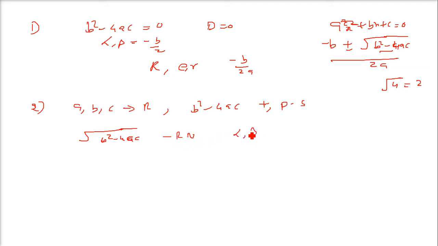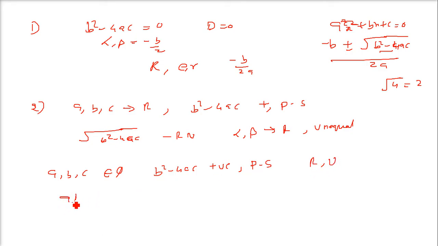So alpha and beta will be rational numbers and they are unequal. So if a, b, c belong to Q, the rational numbers, and b square minus 4ac is positive and a perfect square, the roots are rational and unequal.